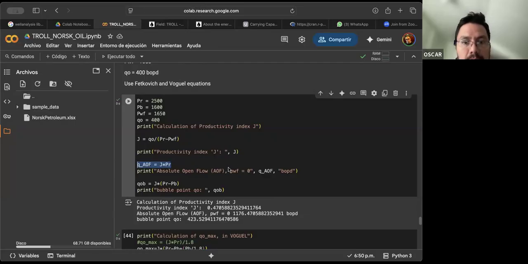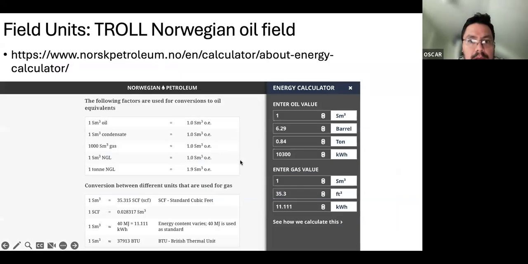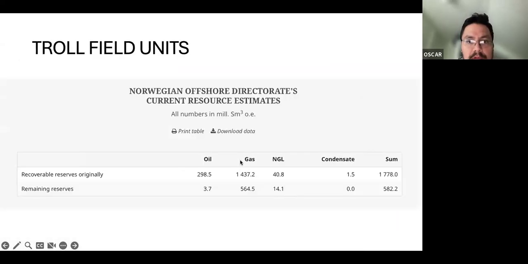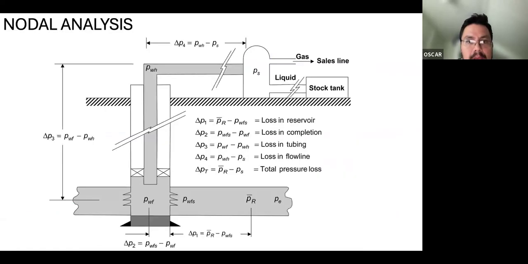Let's go to the slides. This is the unit of the oil field. When you are analyzing the entire production system from the reservoir to the tubing to the surface, we need to analyze the system in parts.